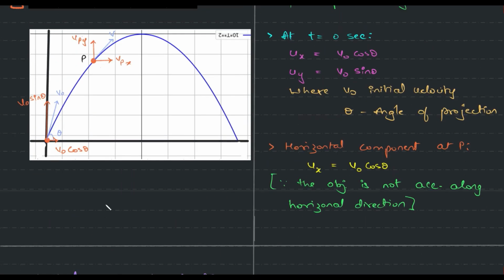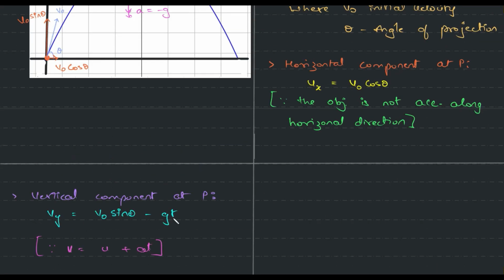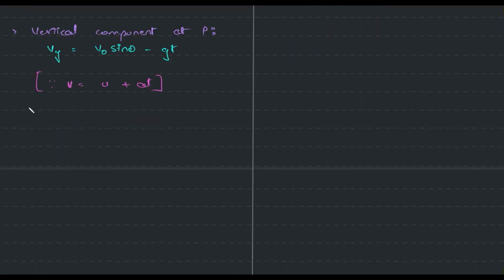So we know that the object is accelerated downward with minus g, us taking up and right as positive. So if I consider up and right as positive, we have this to be negative. And of course, this is positive because it's upwards, minus gt. So these are your expressions. These are simple and straightforward.